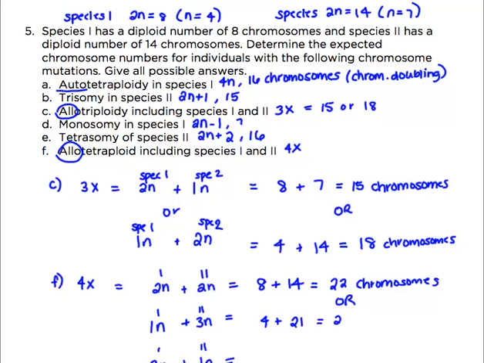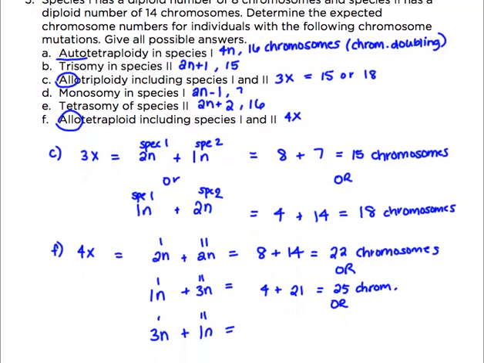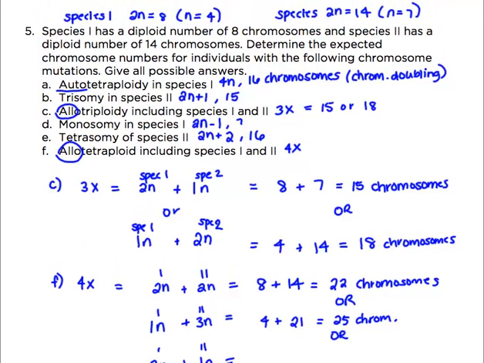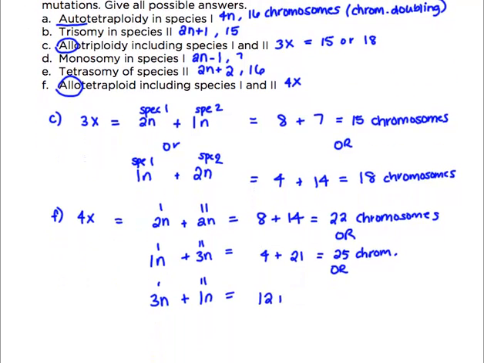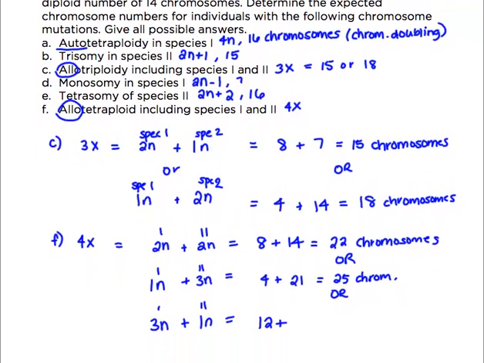So that gives you a total of 25 chromosomes. Or you can have 3n of species 1, which would be 4 times 3 is 12, plus 1n of species 2 is 7. So that gives you a total of 19 chromosomes. Okay, so F can either be 22 or 25 or 19, depending on where the chromosome content is coming from and how it's split up.